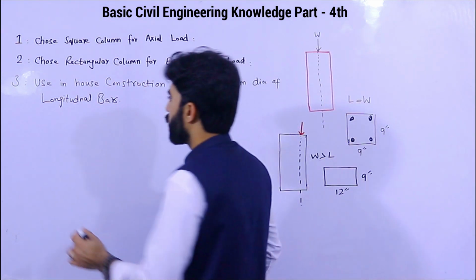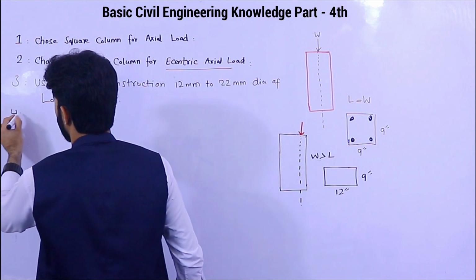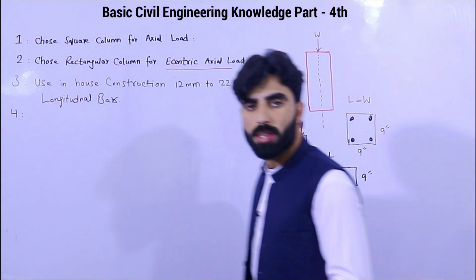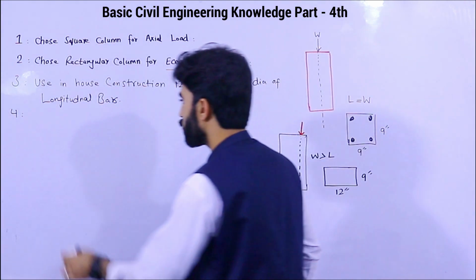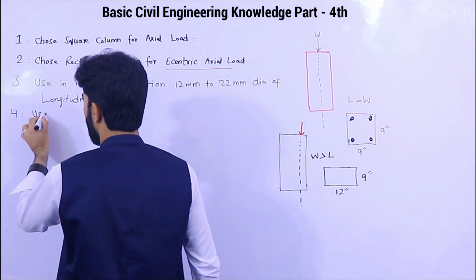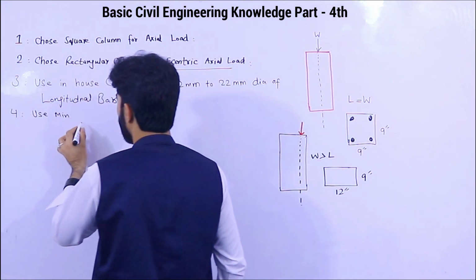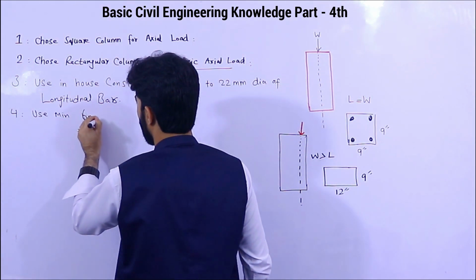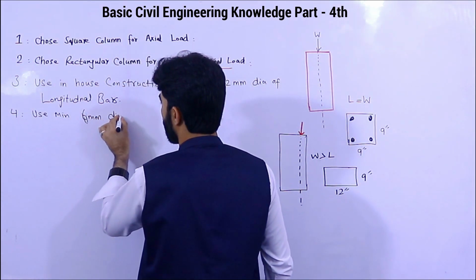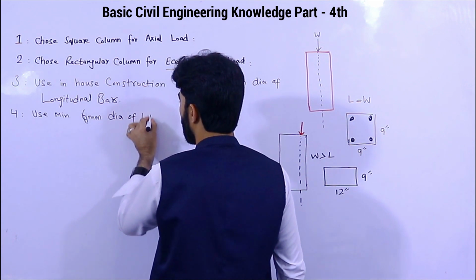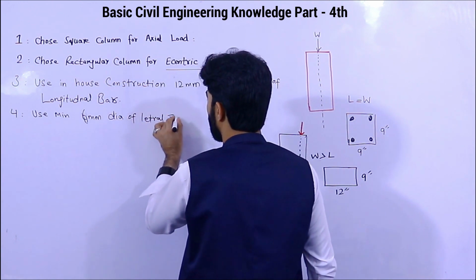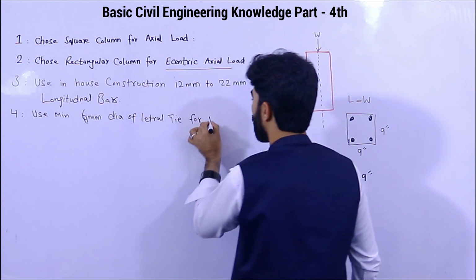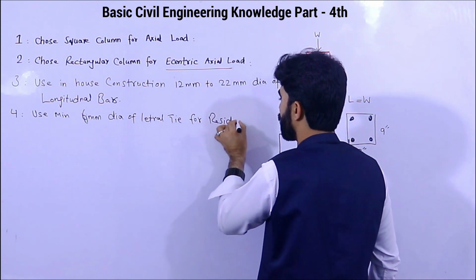Now guys, remember the fourth rule: for RCC column, use minimum 6 millimeter dia of lateral tie for residential building.